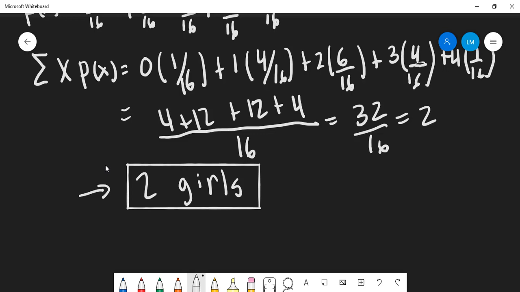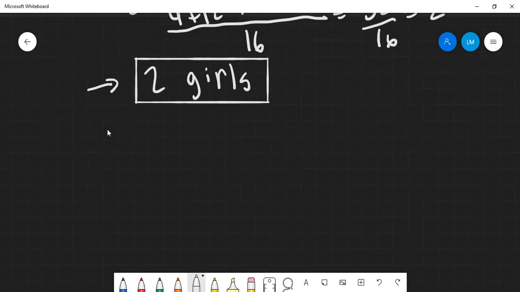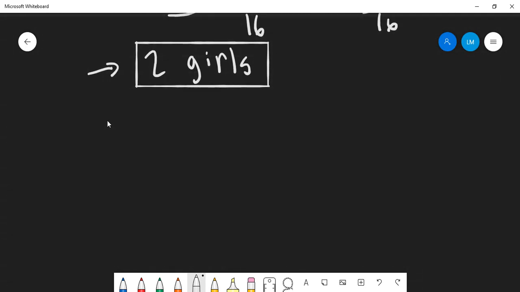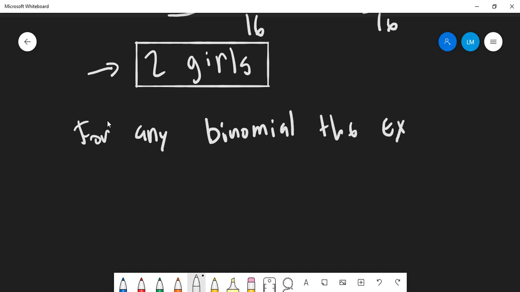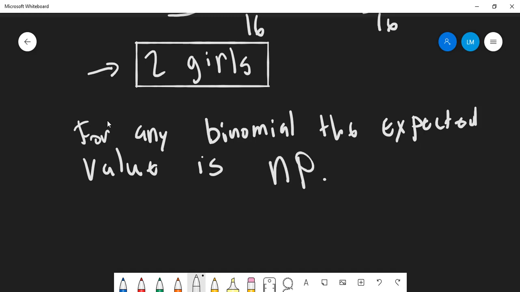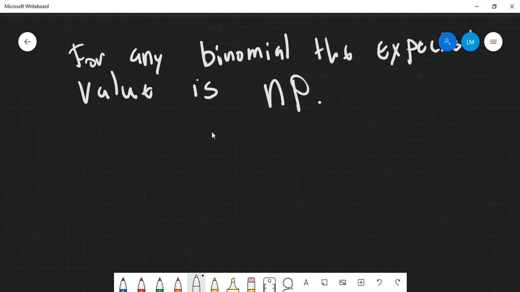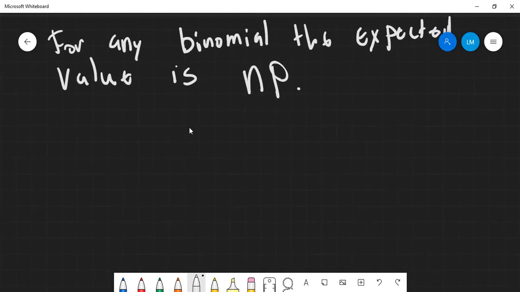Now that's one way to do it, but another way you can do this is by saying that for any binomial, the expected value is n times p. Well, that actually makes some sense, because if it's binomial, then you're just going to multiply the total number of trials times the fixed probability.